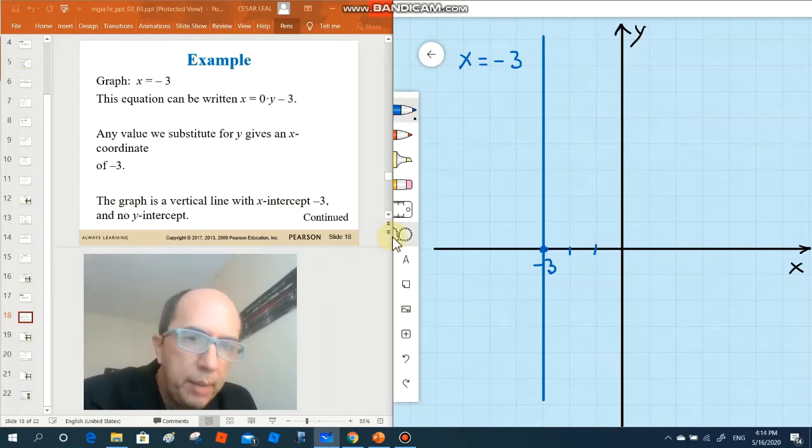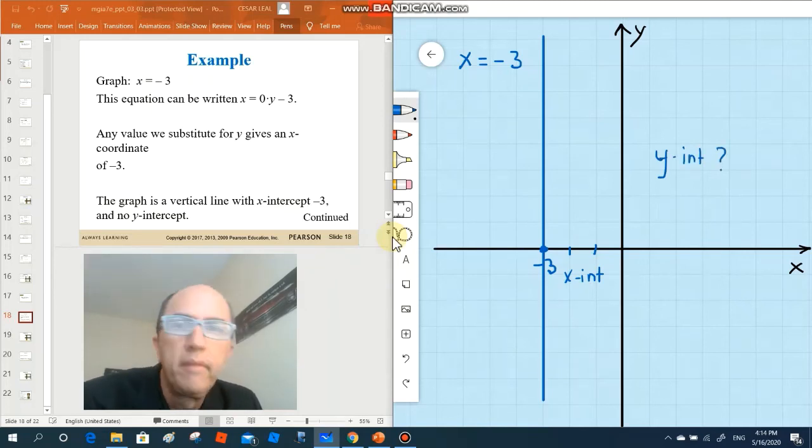The x-intercept is here. And what about the y-intercept? There is no y-intercept. This line is parallel to the y-axis. There's no intersection with the y-axis.